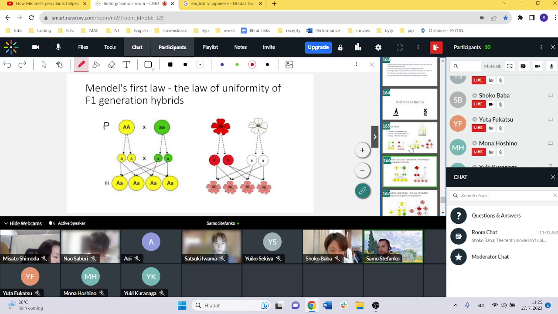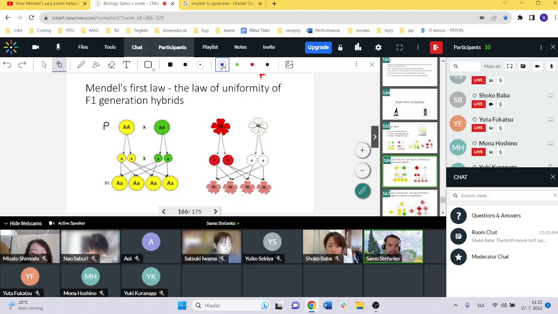The law of uniformity is when two homozygous individuals are crossed and the offspring are genotypically uniform. What does it mean? The genotype of one parent is AA, in bigger case letters, and the other one is recessive, so we have lowercase aa.